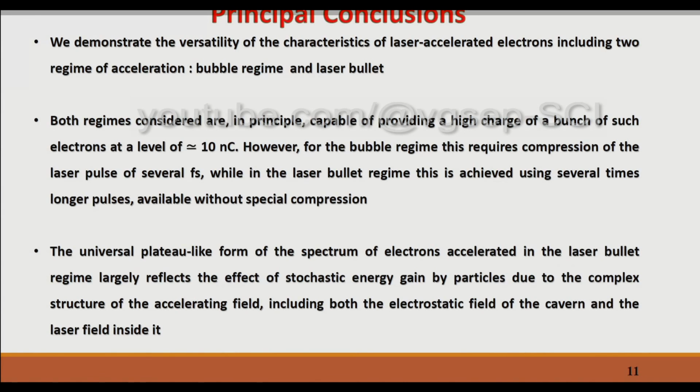But in some cases when we need high energy electrons with low density, the better way may be the bubble. Although here the problem is that in order to reach short pulses for the bubble, we need special techniques for shortening the pulse, which may bring us some losses.